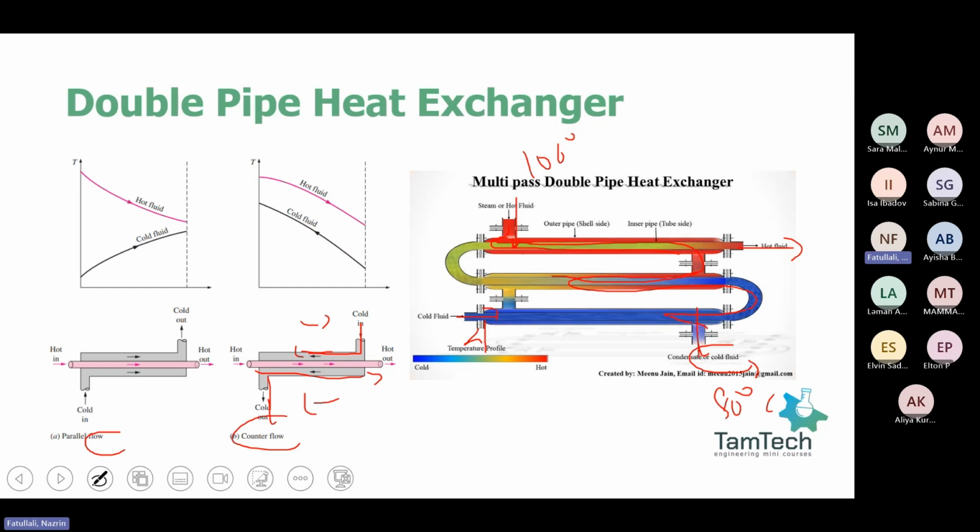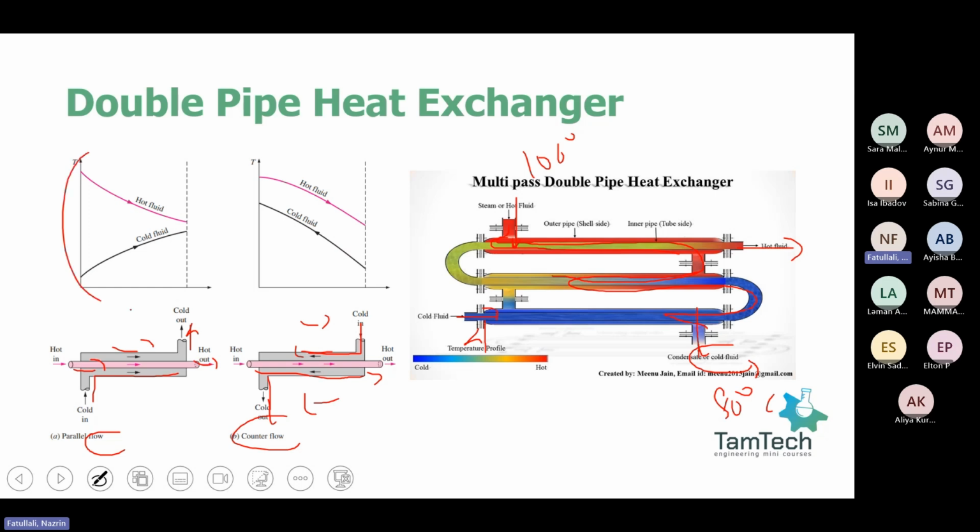This maintains a more uniform temperature difference, and more temperature difference means more heat transfer within the heat exchanger, meaning better efficiency than parallel flow. But in parallel flow, cold enters and cold out, hot enters and hot out, all in the same direction, so the fluid moves in the same direction.